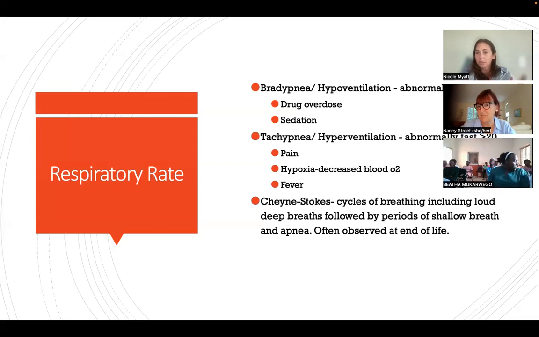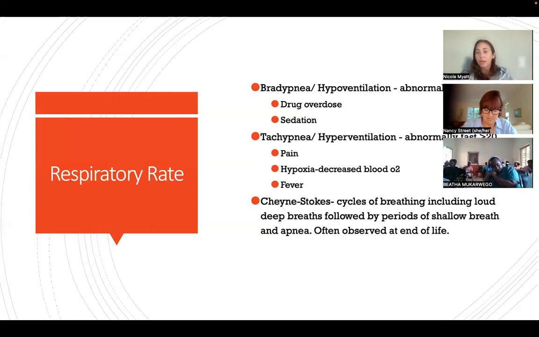I don't know what that's like in your region, but we have a lot of people that are addicted to opiates. And so oftentimes when we discover people that have a respiratory rate that's less than 12, it's from some sort of drug overdose. And so we have an antidote that we can give to block that drug and allow that person to breathe again.